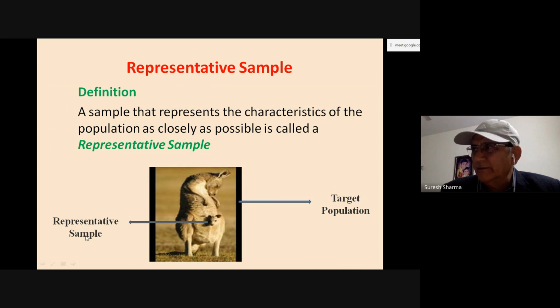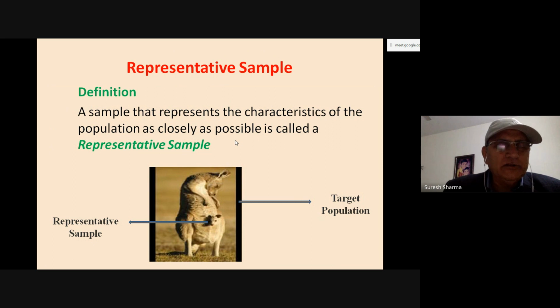That's a representative sample, right? Because it represents the entire characteristics of the mother. But suppose I replace this baby with a baby of a dog or a cat. Do you think it will be a representative sample then? It won't be a representative sample, right? Because in that case, it will not represent your population closely. So that is the idea of a representative sample.